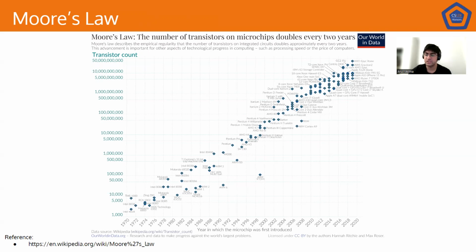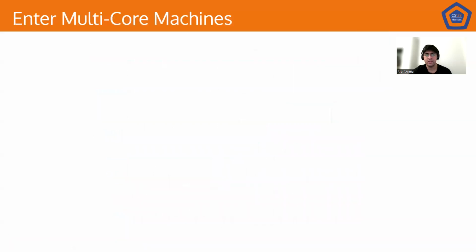As we get more and more transistors on a chip, it doesn't have as much impact as it did when we doubled from 1,000 to 2,000, as opposed to 50 million to 100 million. So Moore's law tells us that our computing power increases and the speed at which we compute goes up, but we have to look towards other ways to exploit the nature of the computer to make our programs faster.